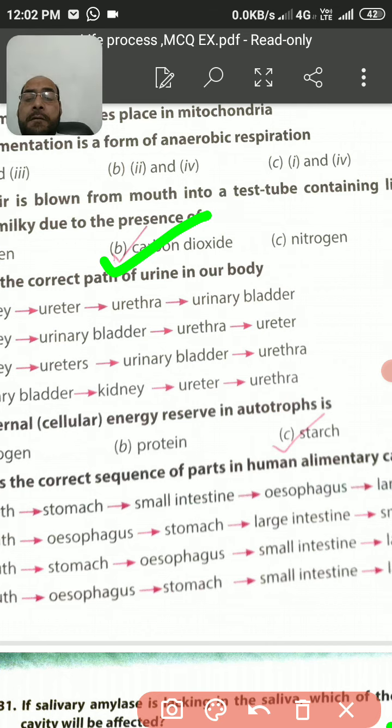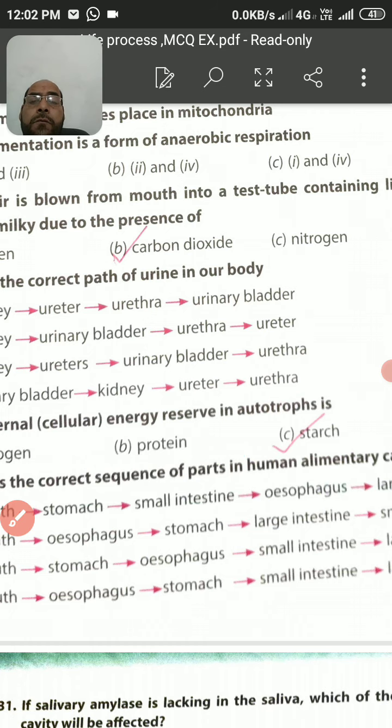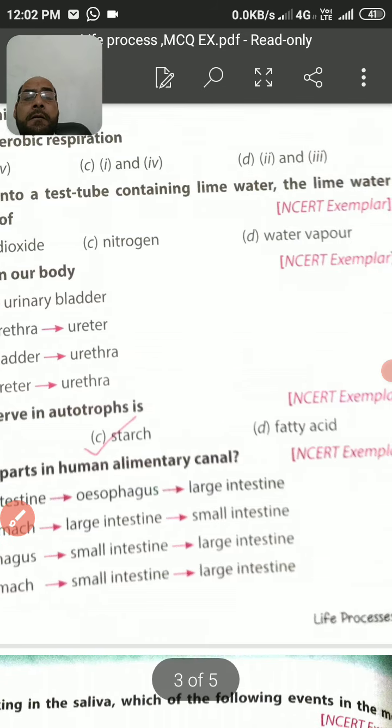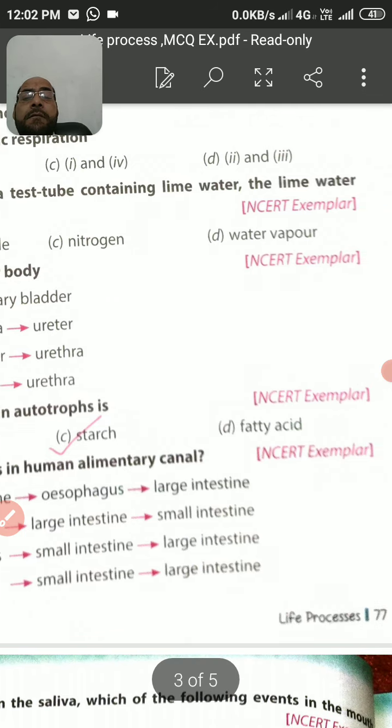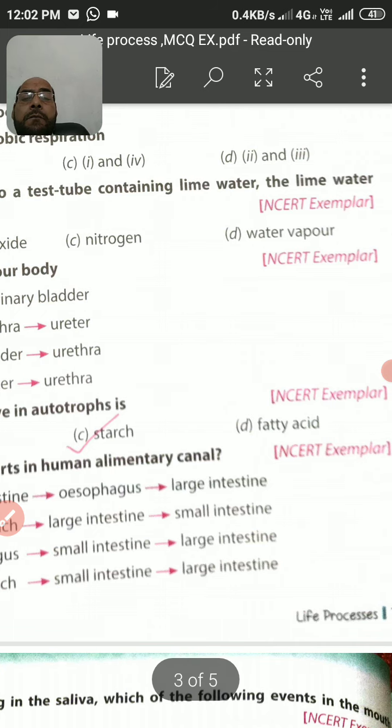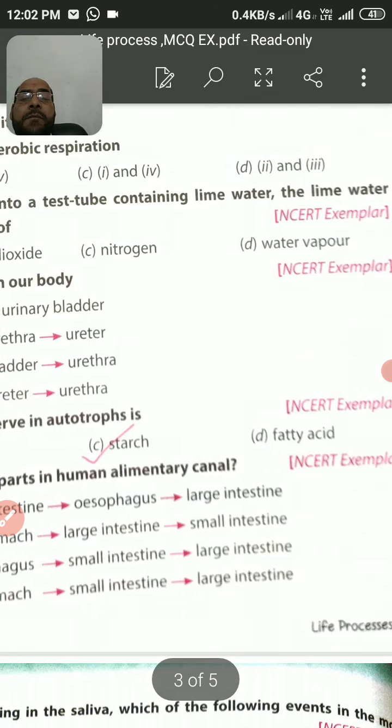Why this answer? If you blow air from your mouth, it means carbon dioxide is coming out from your mouth, and that carbon dioxide is able to turn the lime water. Lime water means water with hydroxide, base water.